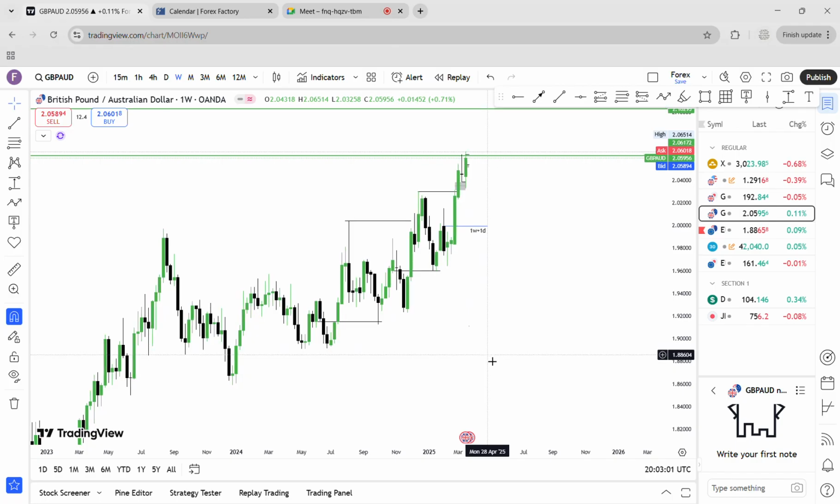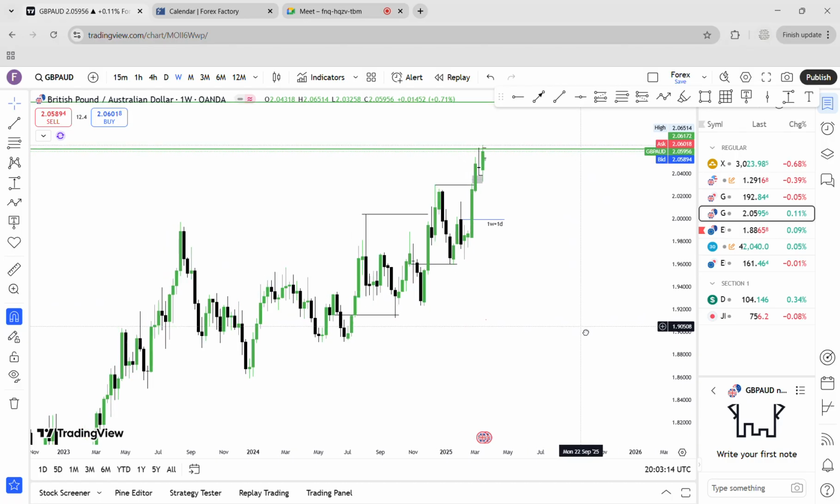So which means probably that point of interest is not going to be valid, it's not going to hold price because we didn't close above that area. We only swept the liquidity.